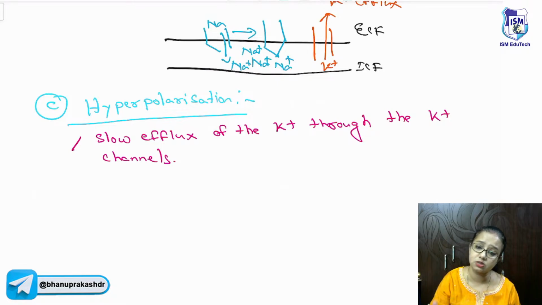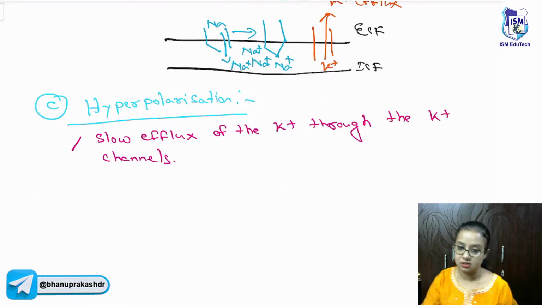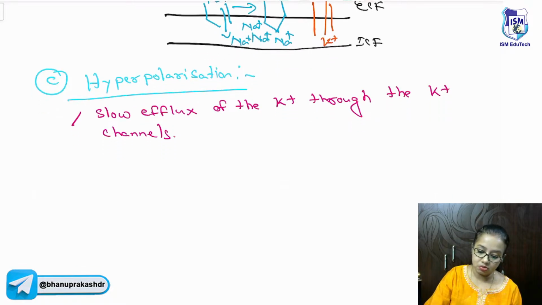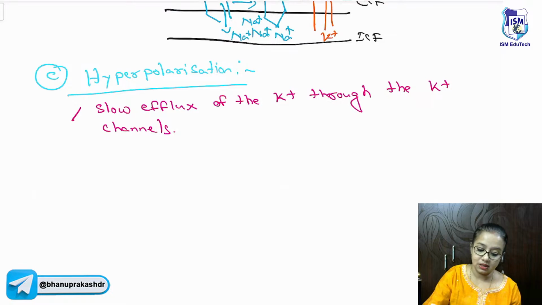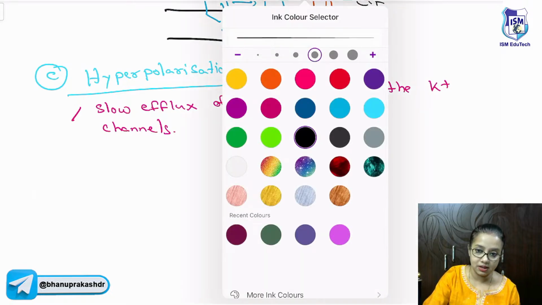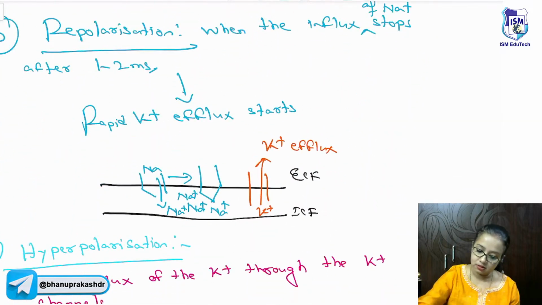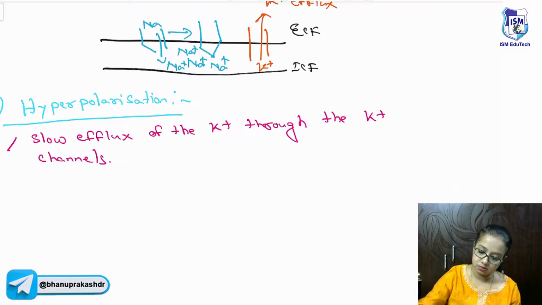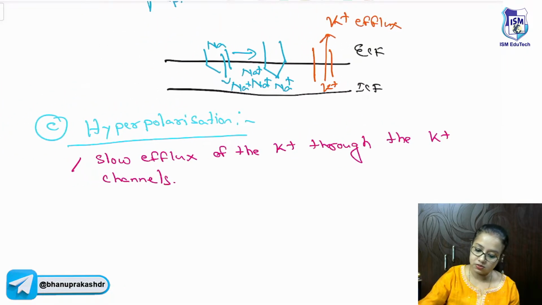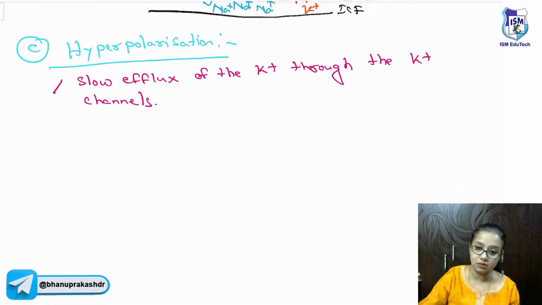The sodium channel opens via the M gate and closes via the H gate. So it closes via the H gate and then the efflux of potassium starts.